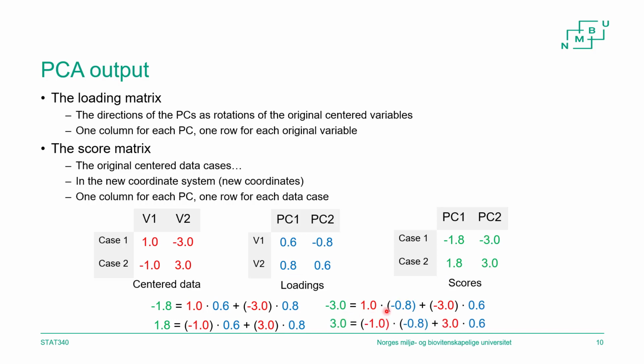The only difference is that again we use the original data, but now we rotate with this column instead, and end up at these values here. This is a detail, but it's important. It tells us how these three matrices are related: the original data, the loadings, and the scores. And you can see we compute the scores using the loadings on the original data, actually rotating the coordinate system.